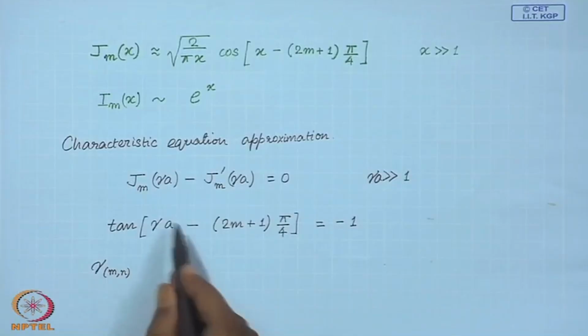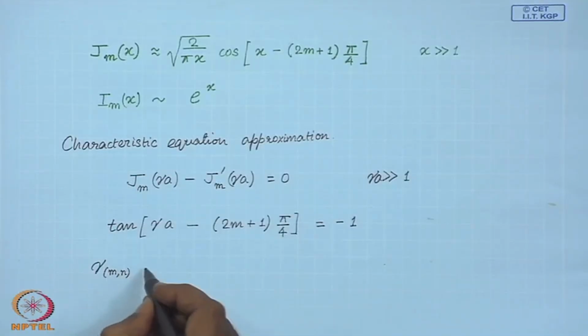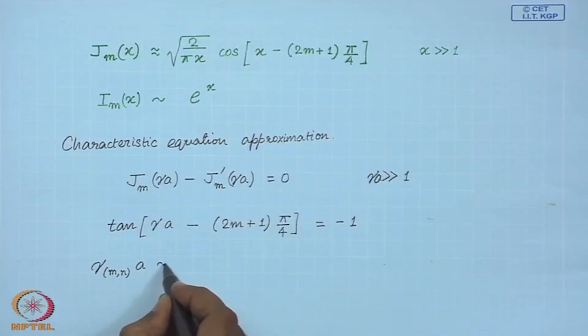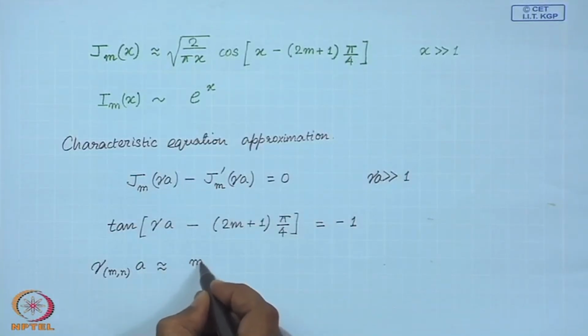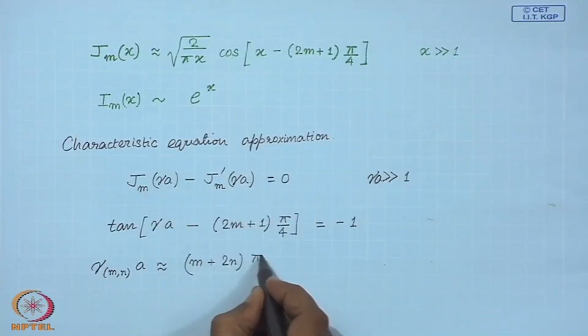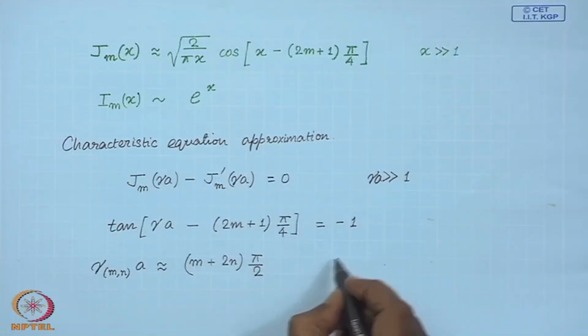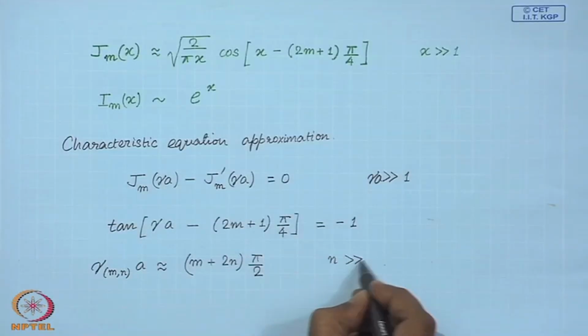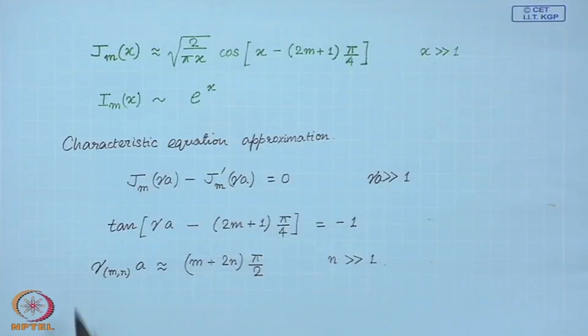So, the solutions of this gamma A times n times A, for n much larger than 1. So, this can be used to approximate the eigenfrequencies of a circular plate.